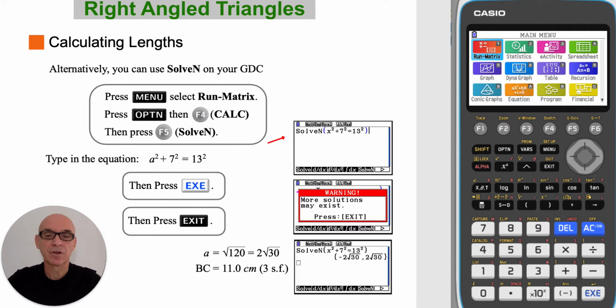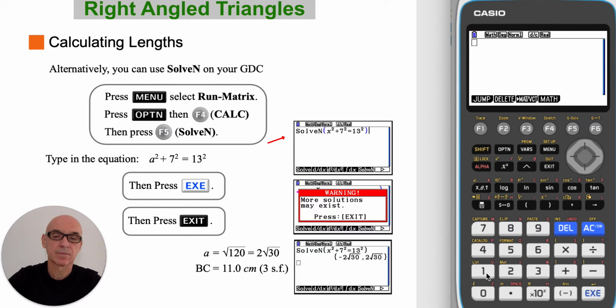Alternatively, you can solve the equation on your calculator. To use solve n from the main menu, select Run Matrix, then press the Option key and F4 for a calculation, and F5 for solve n.